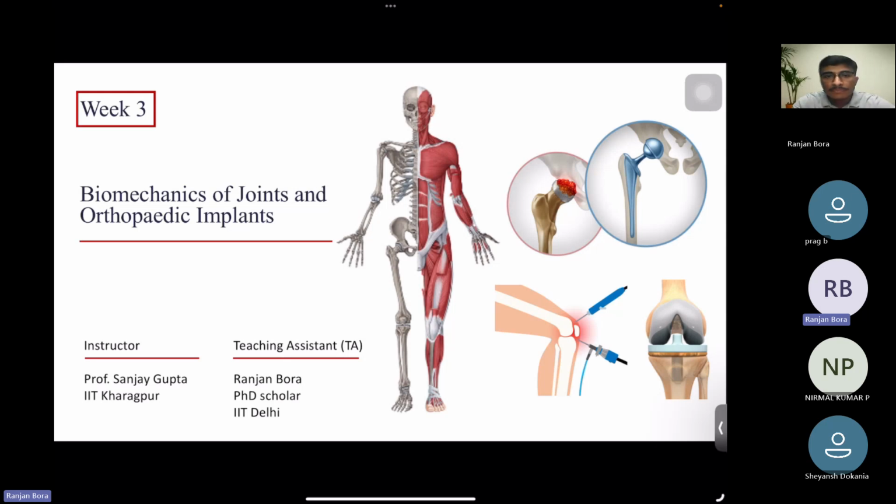Last week, I discussed degrees of freedom, kinematic chains, open and closed chain mechanisms, and solved some numerical problems. So today, first I will solve the assignment from week 2, and after that I will solve some numerical problems from the previous week 2.